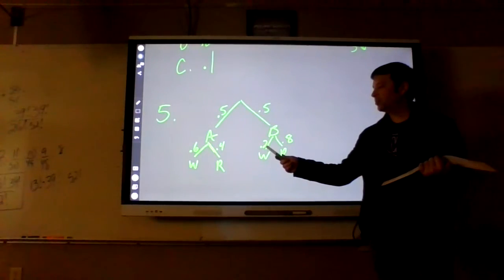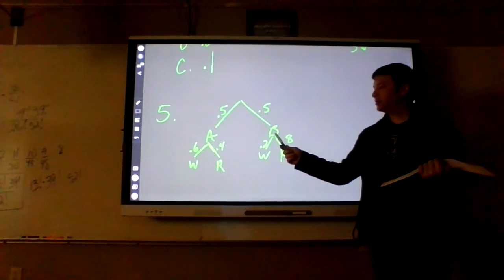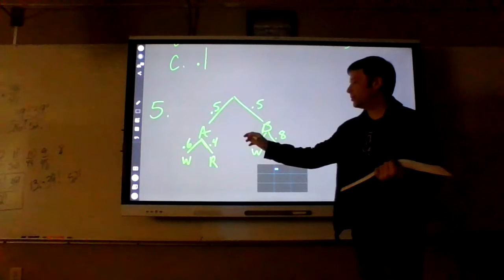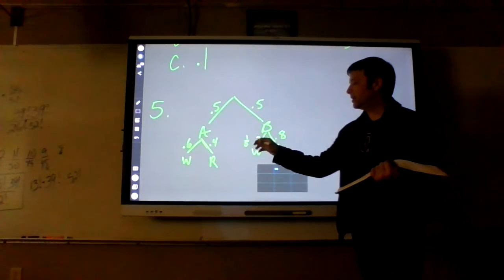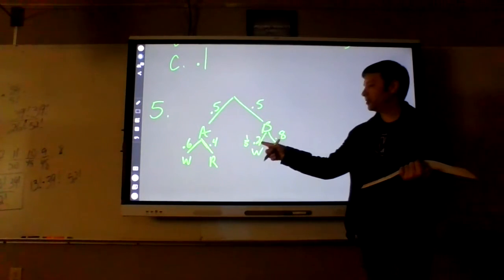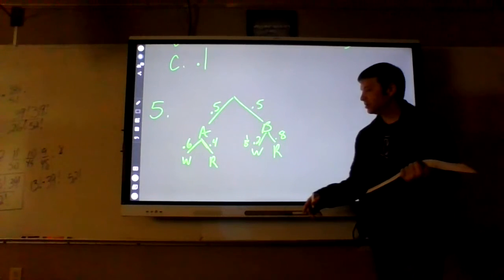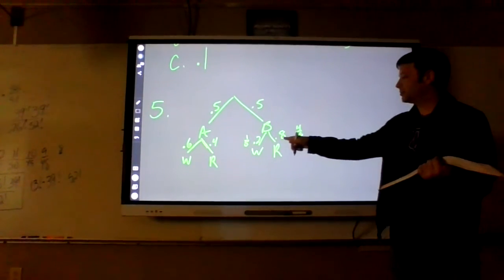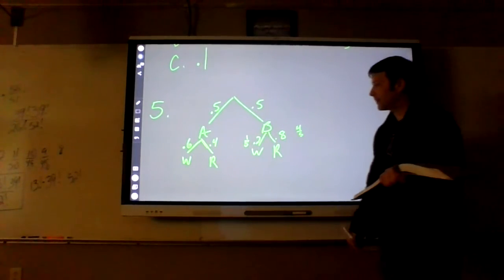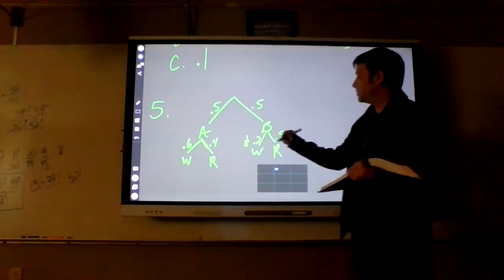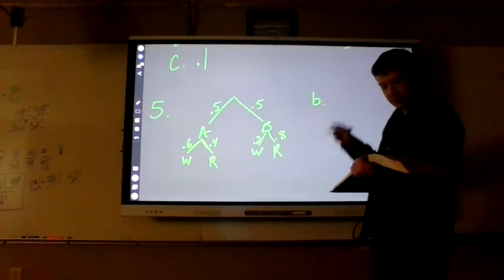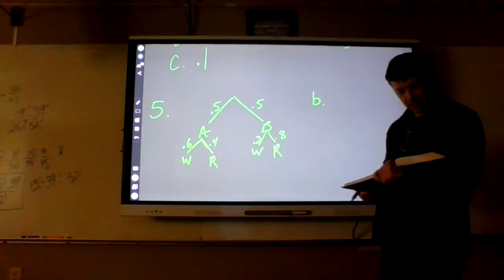Because in jar B, 1 out of 5 of the balls are white, and 1 out of 5 as a decimal is 0.2. And then 4 out of 5 are red, so that goes to 0.8.